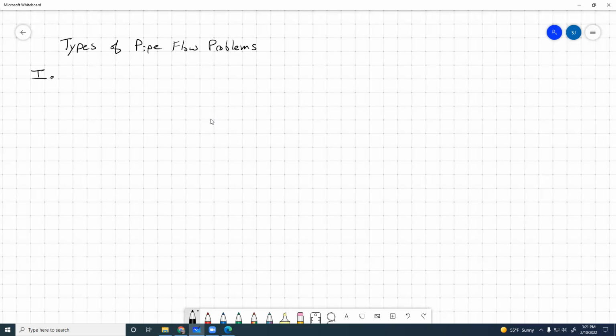Type 1: you are given the flow conditions, either a discharge or a velocity, and you're given pipe specifications, the material type and the diameter.